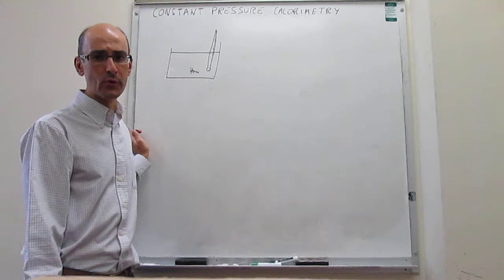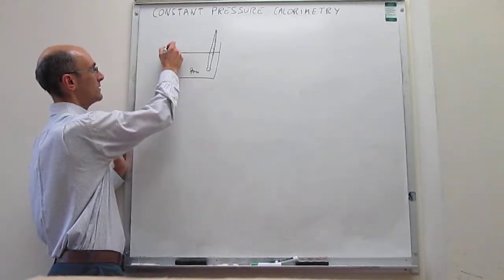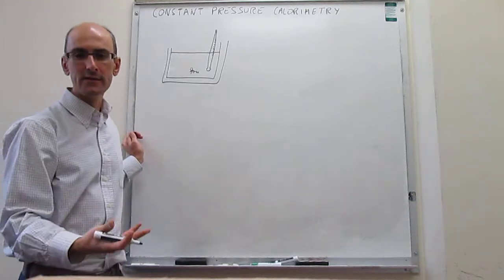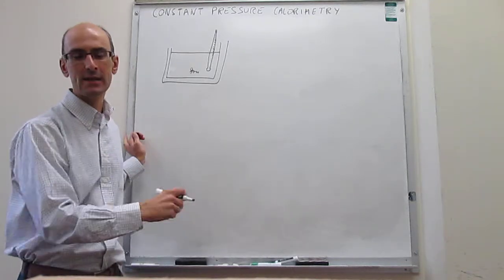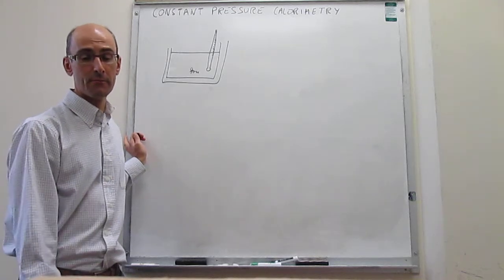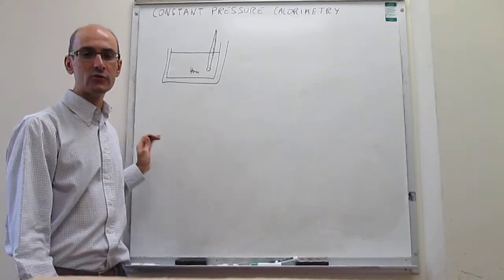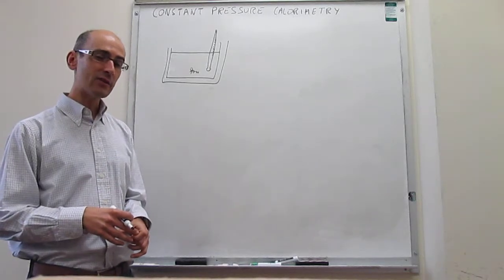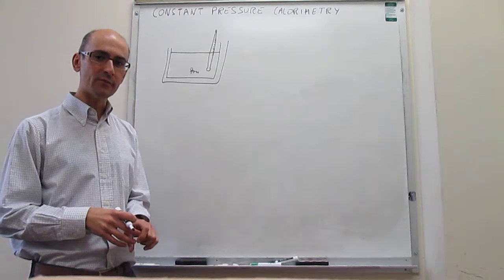So how do we do this operationally? Well, you would like to have insulated walls in the calorimeter that guarantee that all of the energy stays inside the calorimeter for a given amount of time. In practice, you can use two nested styrofoam coffee cups, and that is a remarkably good constant pressure calorimeter.